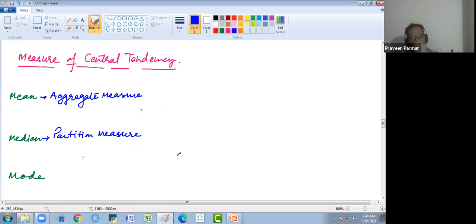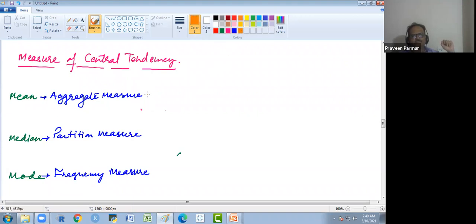So it is a partition measure. Mode is the value of highest frequency. That data value is called the mode. So it is the frequency measure. Got this? Does it make sense to you?